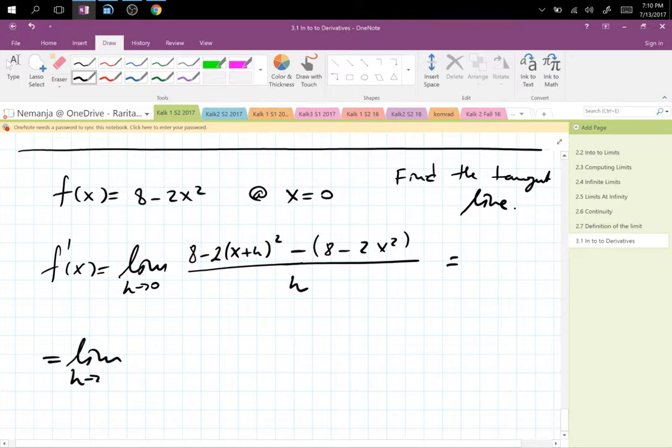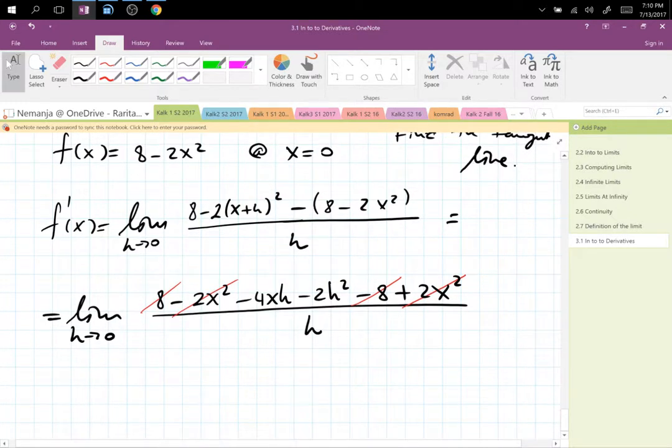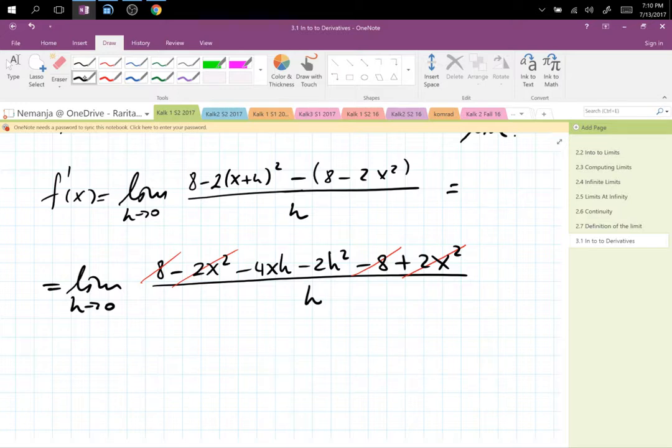That is 8 minus 2x squared minus 4xh minus 2h squared minus 8 plus 2x squared, divided by h. The 8 and 8 are gone, and the 2x squared terms are gone. The checkpoint is for you to figure out that there are no terms without h. The only two terms left are the ones with h, which is good.